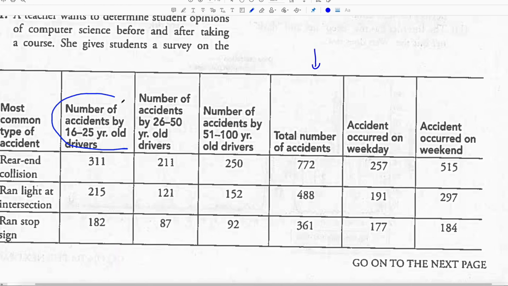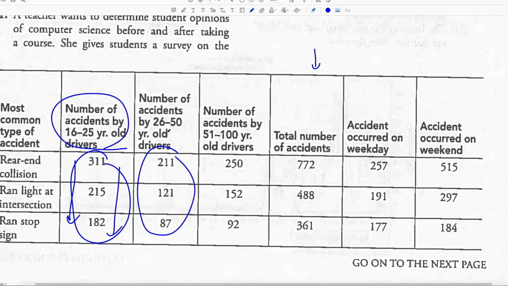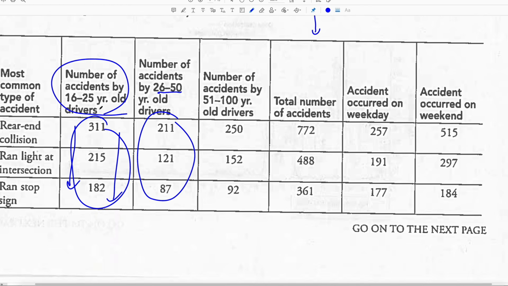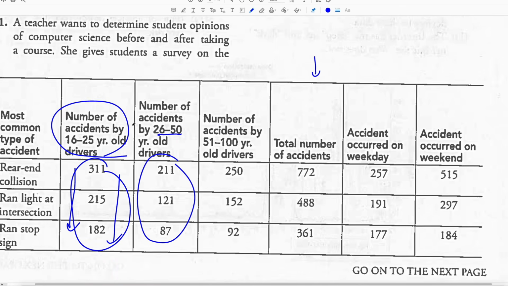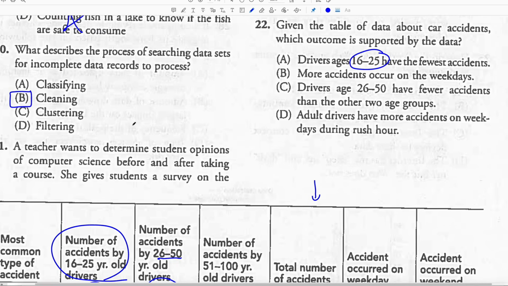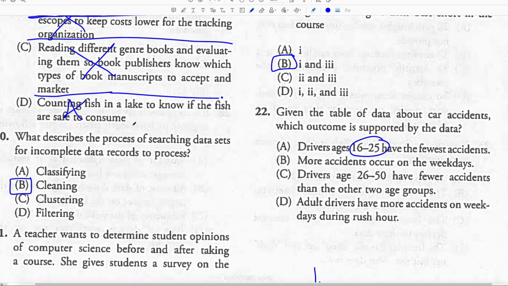Here are the 16 through 25s. Here are all of the accidents. We could add them all up, but just by looking at them, this stuff is bigger than this stuff, and these are 26 to 50. So 16 to 25, definitely a more dangerous group. So A is not supported by the data because they do not have the fewest accidents.